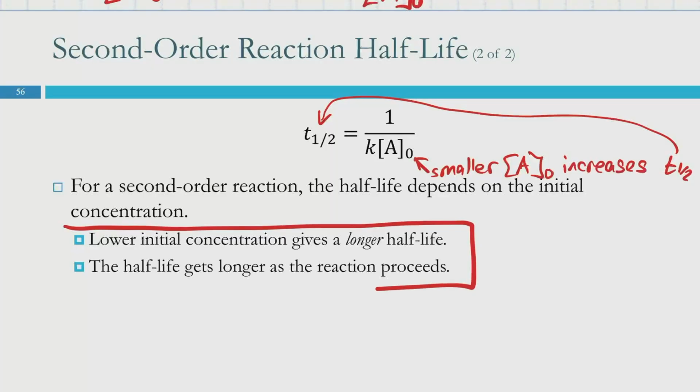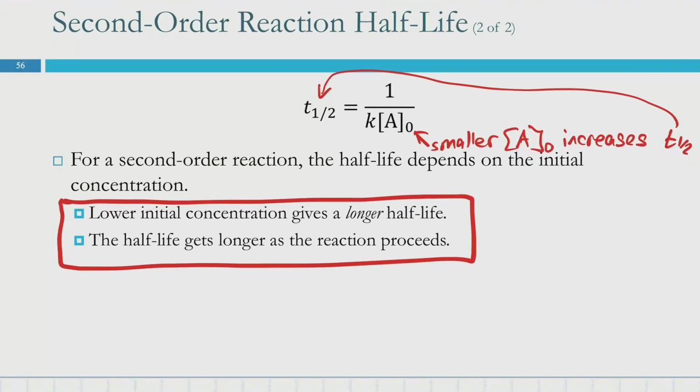So these are both great facts to know about second-order reaction half-life. On the other hand, if you have a high initial concentration, a bigger number in the denominator, this A naught, a bigger number there makes your T1/2 smaller. That's all that first point is, looking at the relationship between those two.